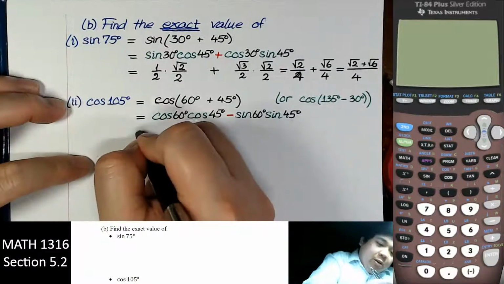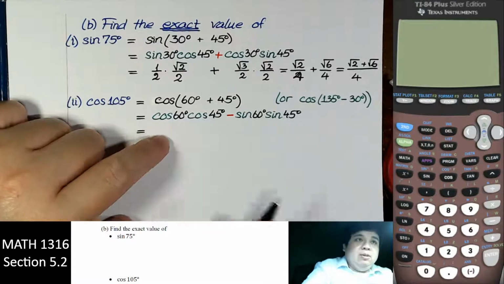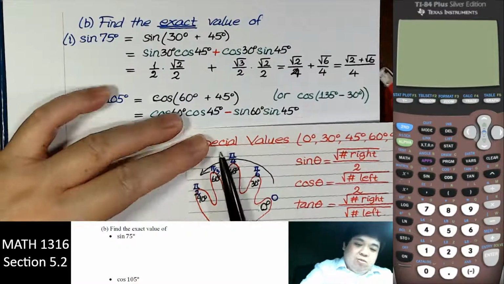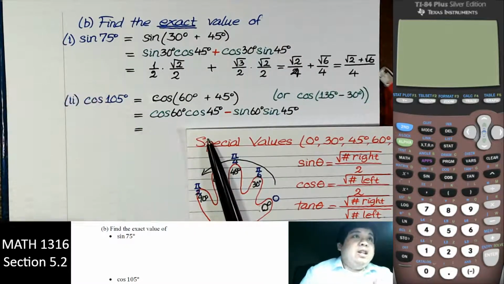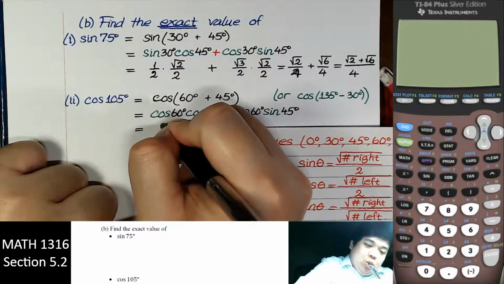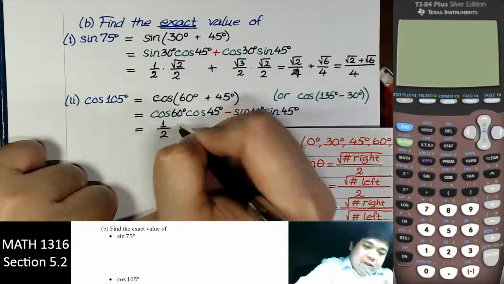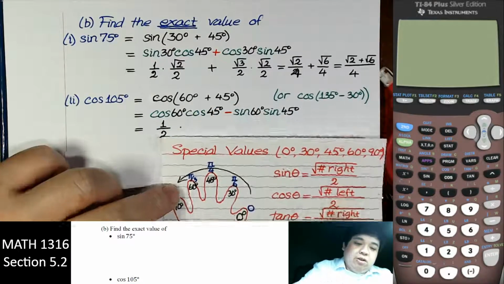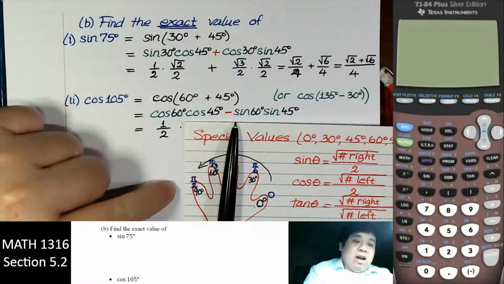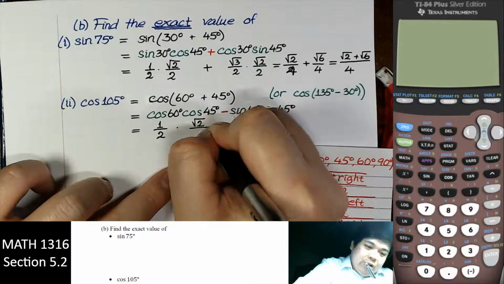Alright, now we find the values. Cosine of 60 degrees. Either we use the unit circle or the hand trick. For 60 degrees, one finger is on the left, square root of 1 over 2. Cosine 45 degrees, on the left there are 2 fingers, so square root of 2 over 2.